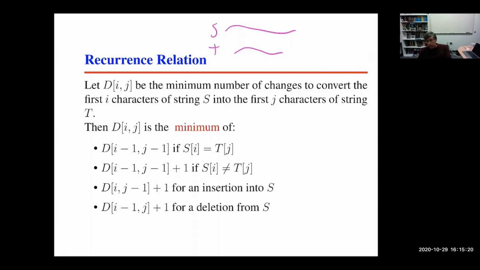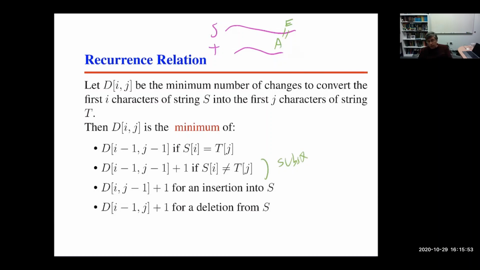One is maybe this string ends in an E and this string ends in an A. Maybe I am going to want to do a substitution, turn the E into an A. Does everybody see that I'm allowed to do a substitution? I would do a substitution if the last two characters don't equal.